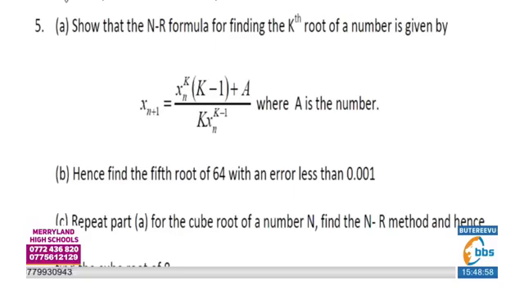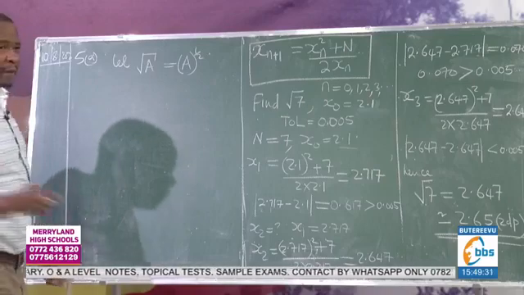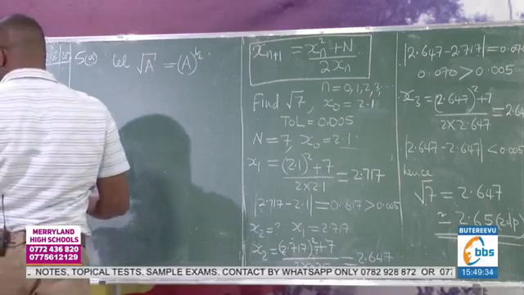They are saying show that the Newton Raphson formula for finding the kth root of a number is given by that expression, where the number is A. Now, let us note that the square root of a number A can also be written as A to the power of a half.